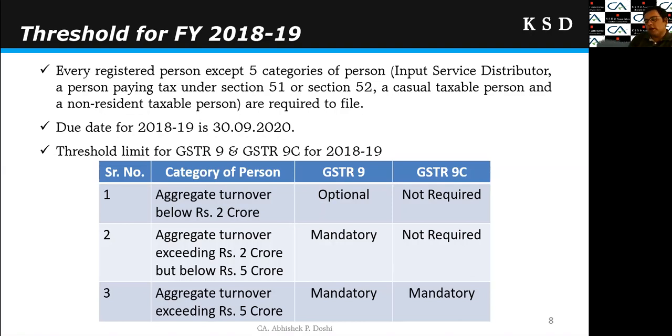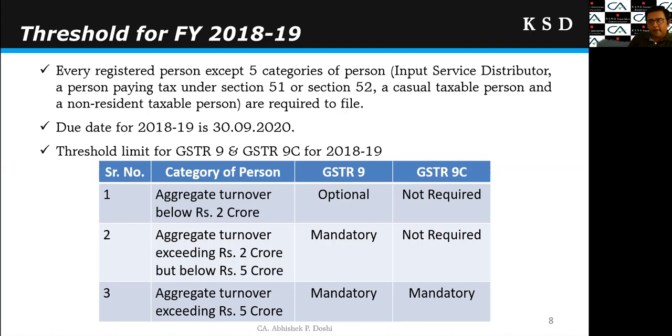But it is our strong recommendation that every registered person should file GSTR 9, because it may so happen that GSTR 3B and 1 have certain differences or unreconciled items. If you file GSTR 9, it will be helpful at the time of assessment. So below 2 crore it is optional, but it is advisable to file GSTR 9. Then registered persons having turnover between 2 crore to 5 crore.